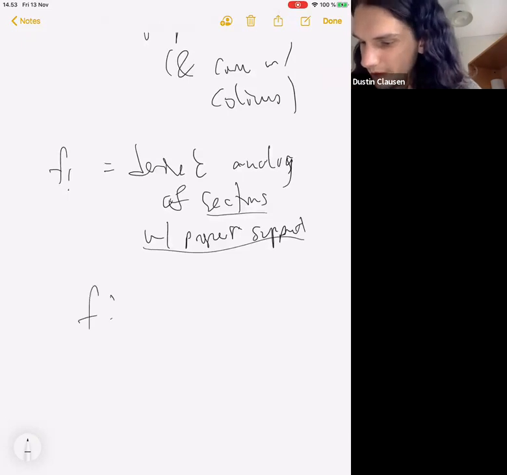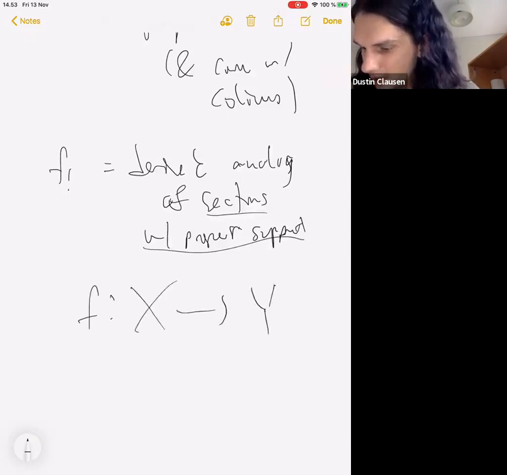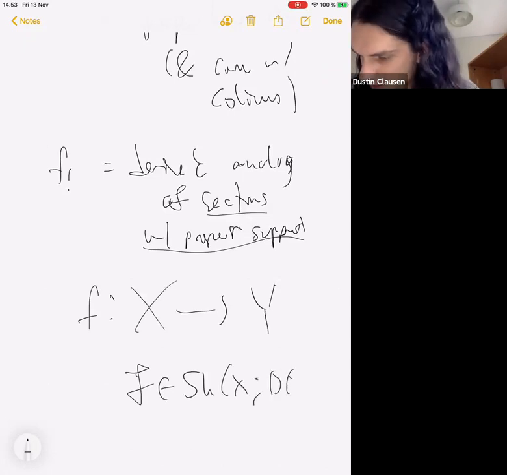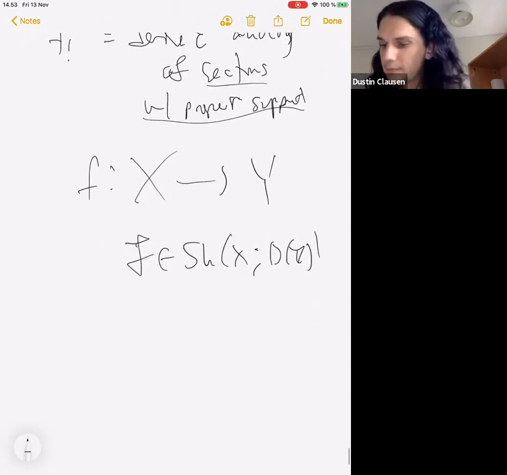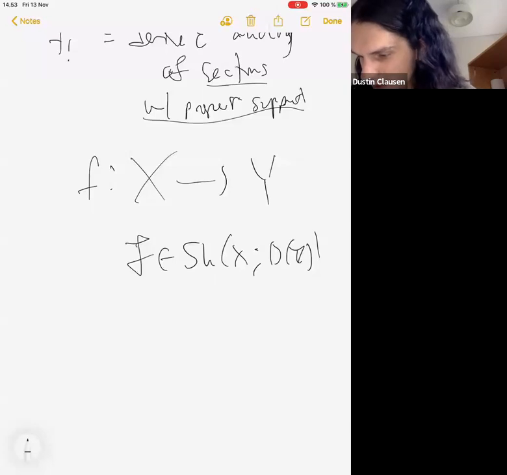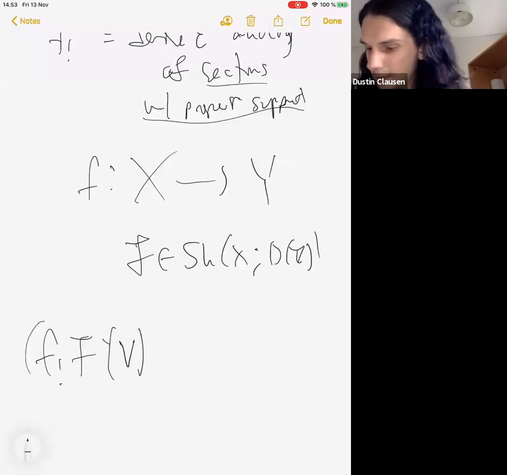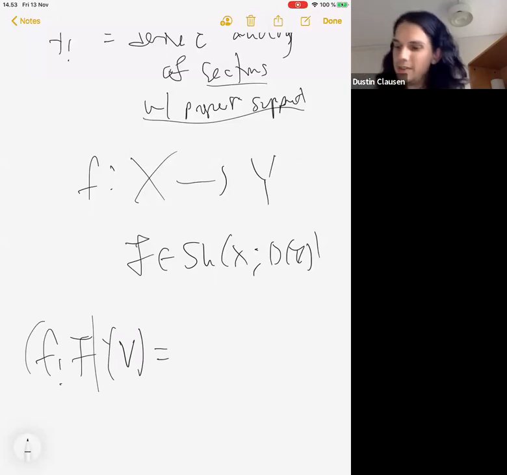So if you have f from X to Y, and you have a sheaf on X, then you want to know what f lower shriek of F is on an open subset V of Y. So you're supposed to take sections supported on a subset mapping properly to Y.